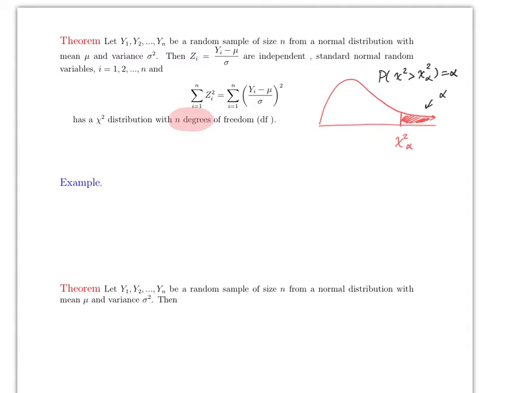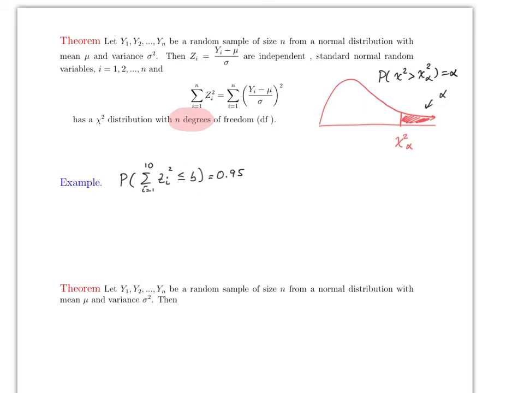Okay, so for example, let's say you want to find the probability that the sum from i equals 1 to 10 of z_i squared is less than or equal to some b gives you 0.95. Right, so here you have to be very careful, okay? Because the table only gives you the area to the right, and it is asking you the area to the left.